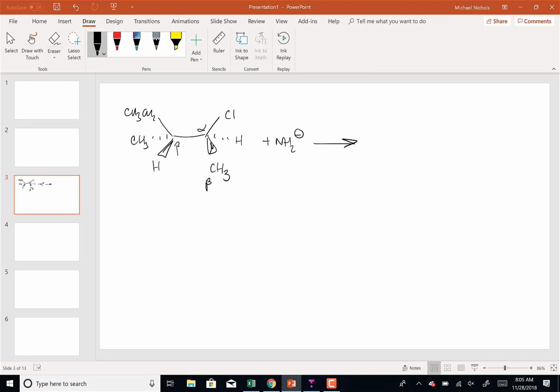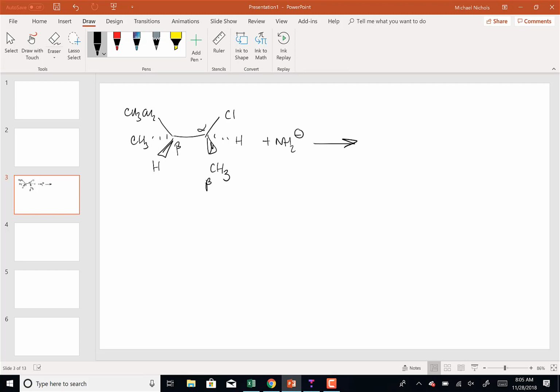So we start with alpha and beta carbons, and then we determine which of the beta hydrogens can be removed. In an acyclic system like this, all I have to do is rotate around the bonds and put the hydrogens in the anti-periplanar geometry. So they can be removed.